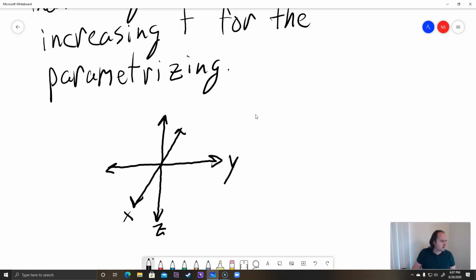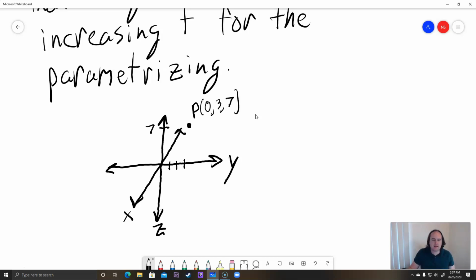So our point P was x was 0, y was 3, and z was 7. So if I go down to y equals 3 and z equals 7 way up here, our first point is going to be right there. So that's our point P, which was 0, 3, 7.